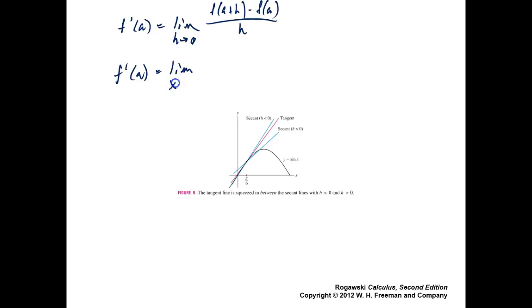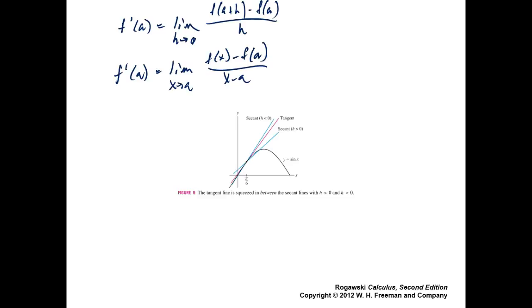It would be the limit as x approaches a, no h in this one at all, of f of x minus f of a over x minus a. Your classic difference quotient. y2 minus y1 over x2 minus x1. Okay? They both are that, but the top one, instead of x, you're putting a plus h, okay? And instead of an x here, you put an a plus h.